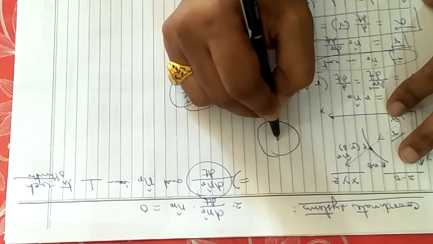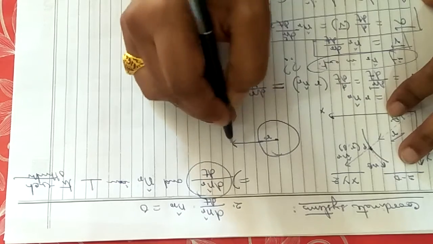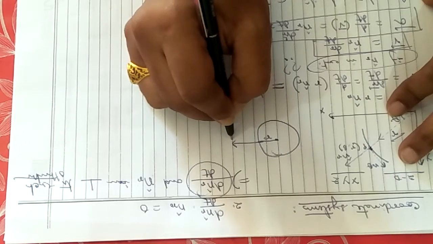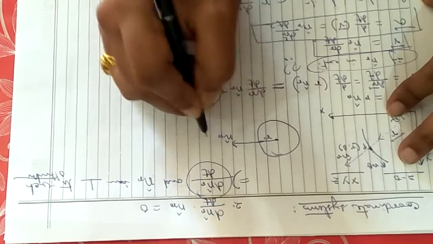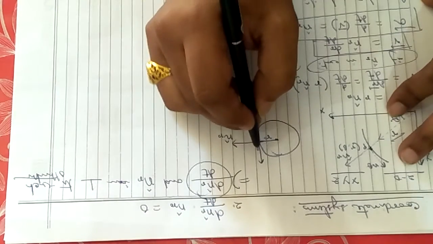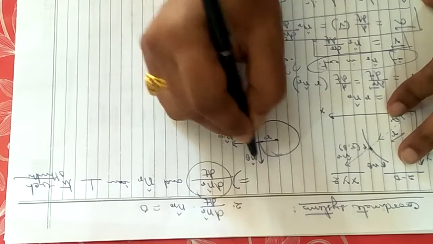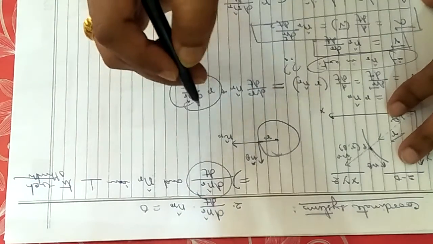Suppose this is the circle of radius r. If I consider in this direction r is increasing and the unit vector is nr cap, so this transverse direction will be n theta cap, like that.